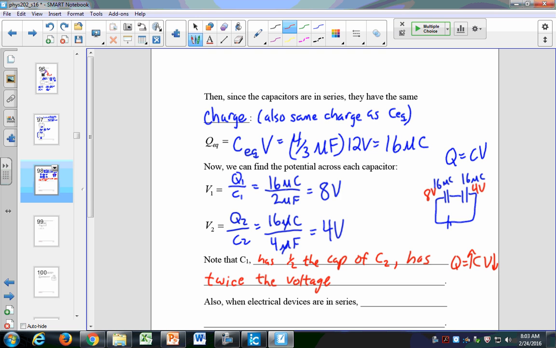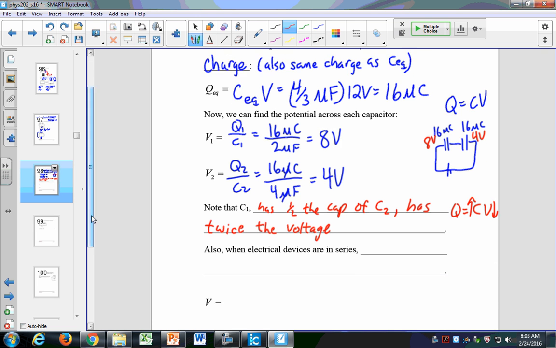Okay, also when electrical devices are in series, the sum of their potentials, or the sum of their voltages, is equal to the source voltage, I'll call it. In this case, the source voltage is the battery.